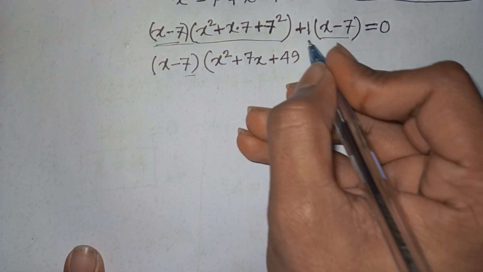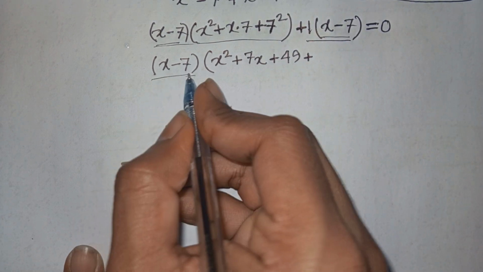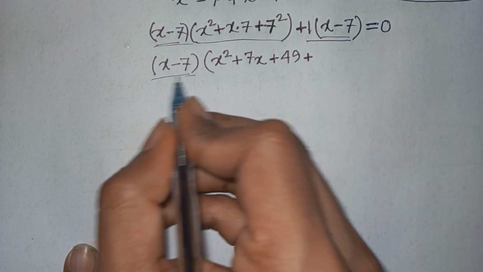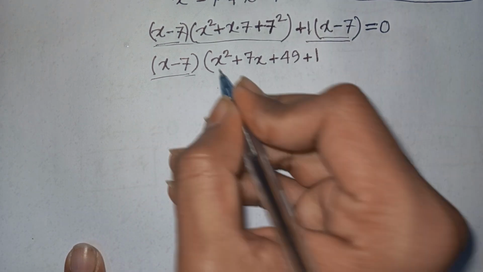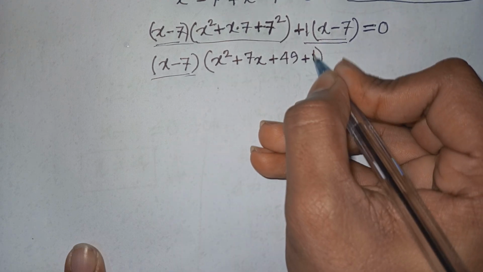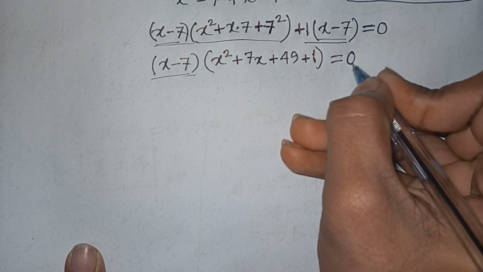Then plus this divided by this. So this x minus 7, this x minus 7 will be cancelled. So here 1, then bracket close is equal to 0.